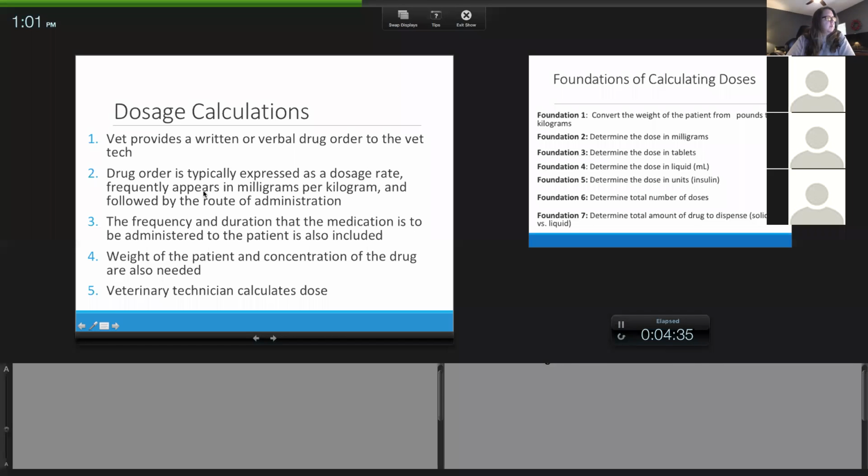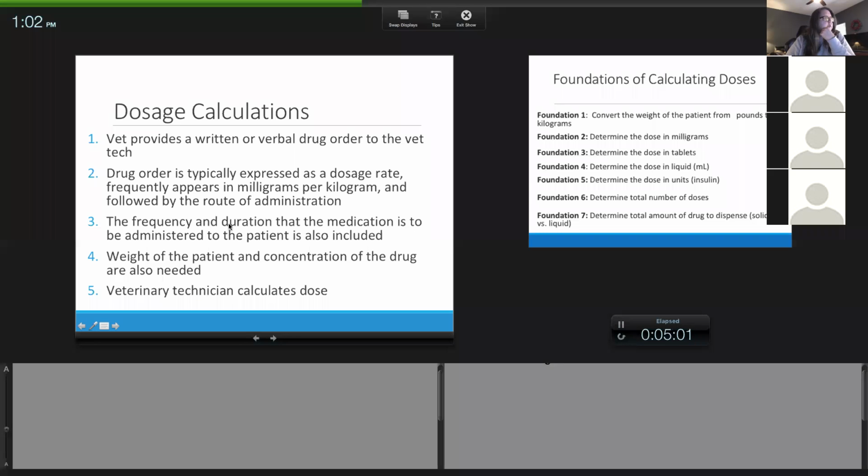Now, it's usually either milligrams per pound or milligrams per kilogram. Like I said, more people are moving to mgs per kg. Old school people like me worked mostly in pounds. Now it's mostly milligrams per kilogram. And then the route: 5 mgs per pound PO, 5 mgs per kg IV, 5 mgs per kg IM.